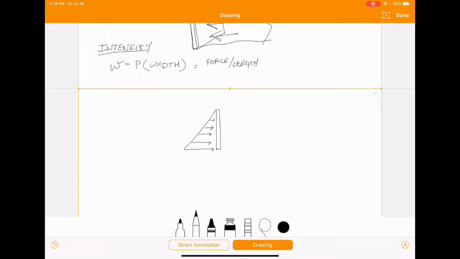So we're going to have something that looks like that, where this length here is our omega that we calculated right here. And now, if we just rotate that clockwise 90 degrees, we literally have this distribution here.